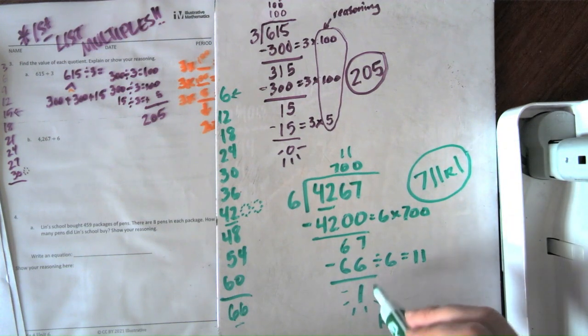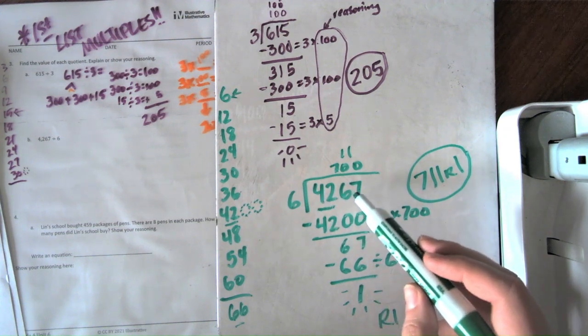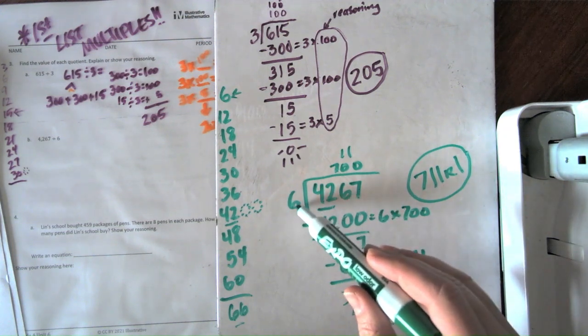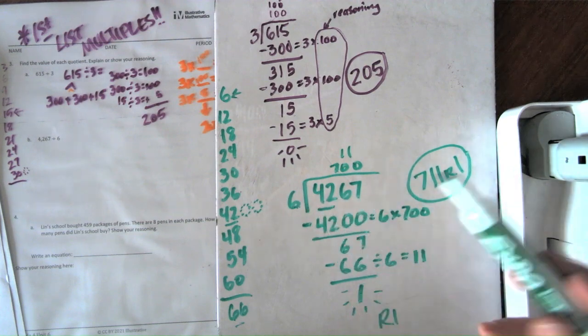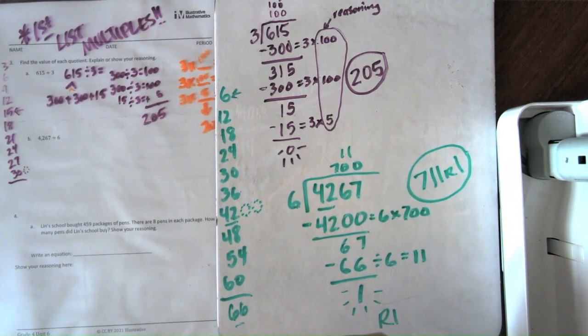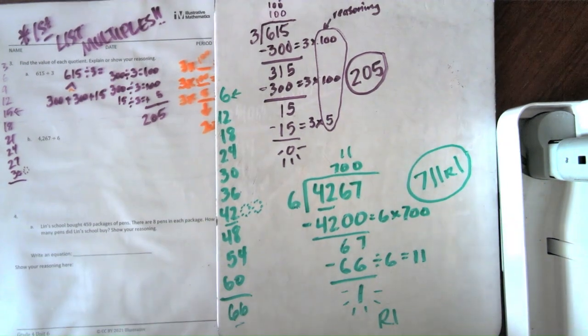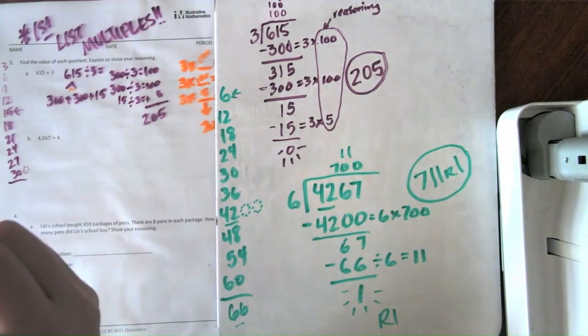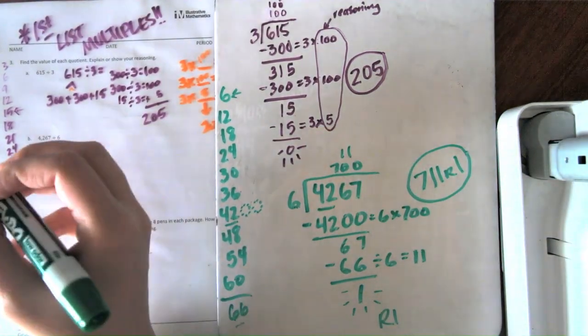These are my leftovers. I took the 4,267 and I put it into either 6 groups or groups of 6, however the story reads, and I had 1 left over. So that is one way that you can think about subtraction of division of a 4-digit number.